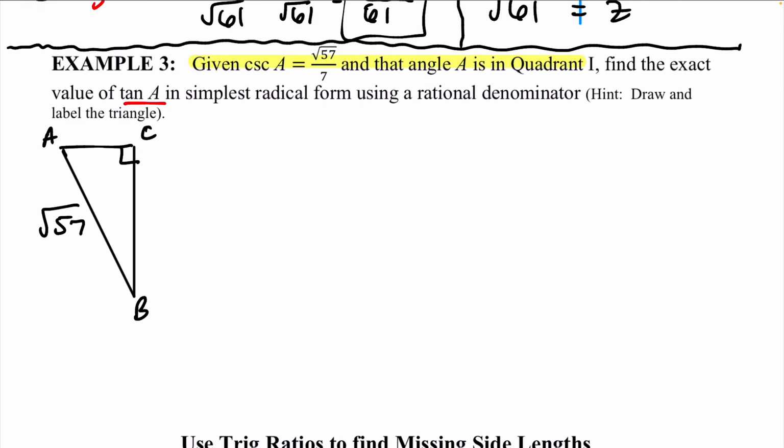And then it said the opposite. Sorry, we're at A. Opposite of A for me is B to C. Okay? That is 7.